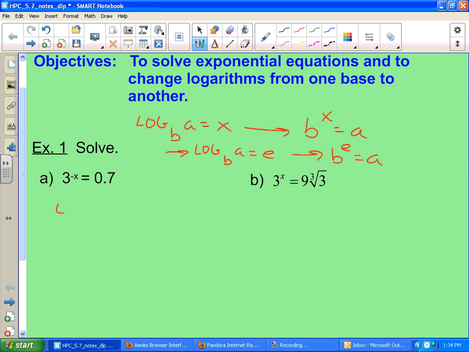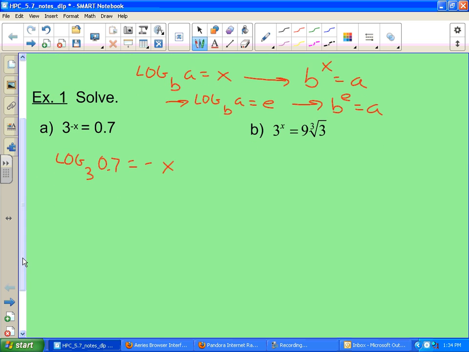So we're going to make this become log base 3 of 0.7 is equal to negative x. And now this is where the change of base formula comes in. Remember that when you set it up in the calculator, you have to be careful that you set, first of all, 2 logarithms.